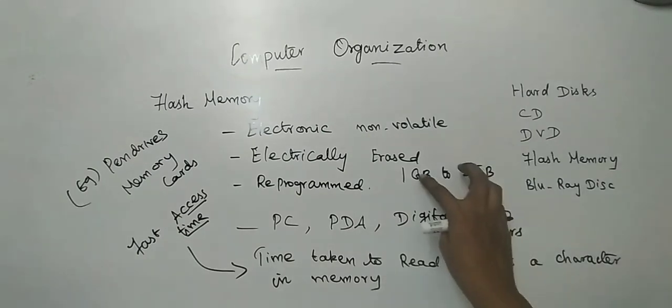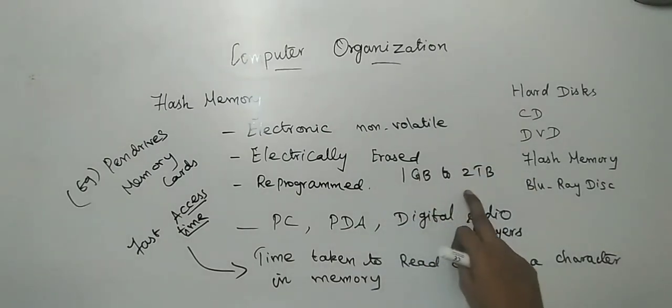The main and familiar example is your pen drives and your memory cards. Here these pen drives, that is your flash memory, are going to have fast access time. What do you mean by access time? Time taken to read or write a character in a memory is called your access time. So this access time is more in flash memory.